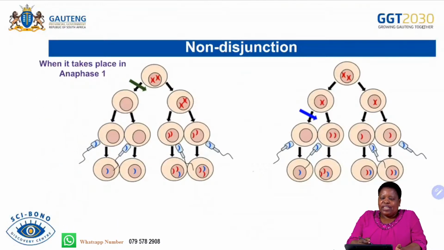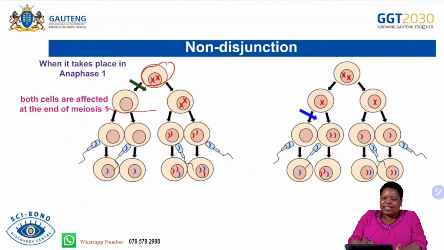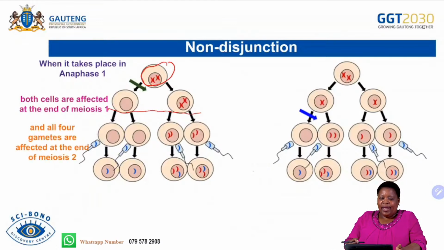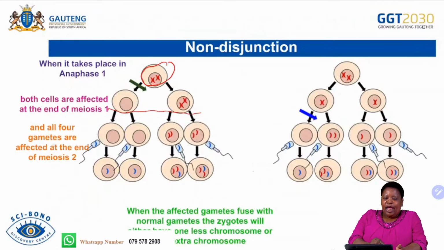When it takes place in anaphase 1, both cells are affected. This is the original haploid one. Both cells are affected because of non-separation of chromosomes. And all 4 gametes are affected at the end of meiosis 2.